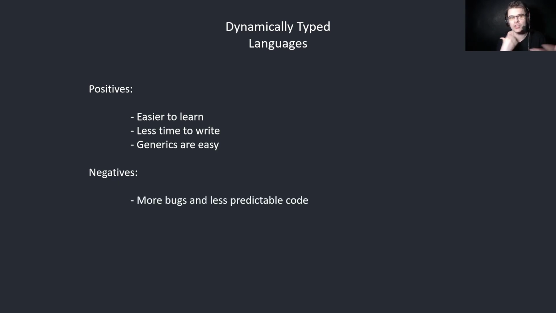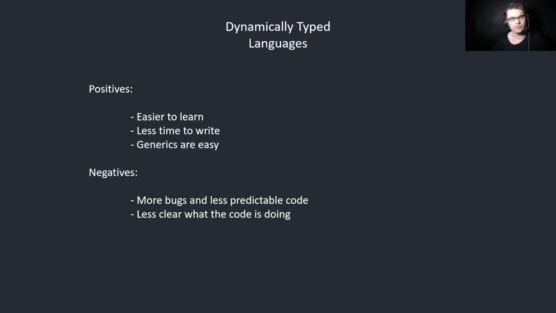As you don't know what types are, sometimes they can get converted. Sometimes you could redeclare a variable as something else and then try to use it as a string, and it will give you bugs. So it's generally less predictable, less clear what the code is doing. Maybe you don't know what types things are, maybe you're not sure exactly what things are doing. What is that? What's this?